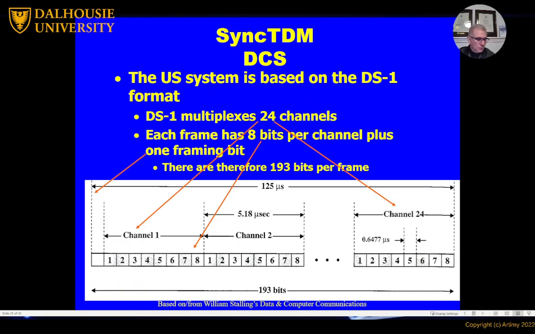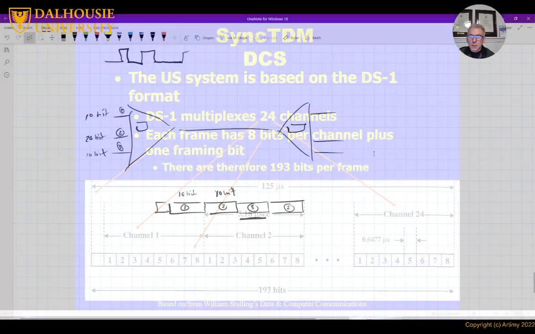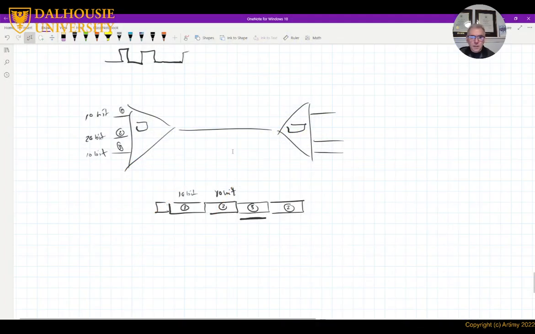So we can do this technique for, we saw here in this example, if one of the channels has double or triple the amount of data that needs to be sent, then we can allocate it more slots. Or we can do the opposite. If this one has 9 bits to send, right?